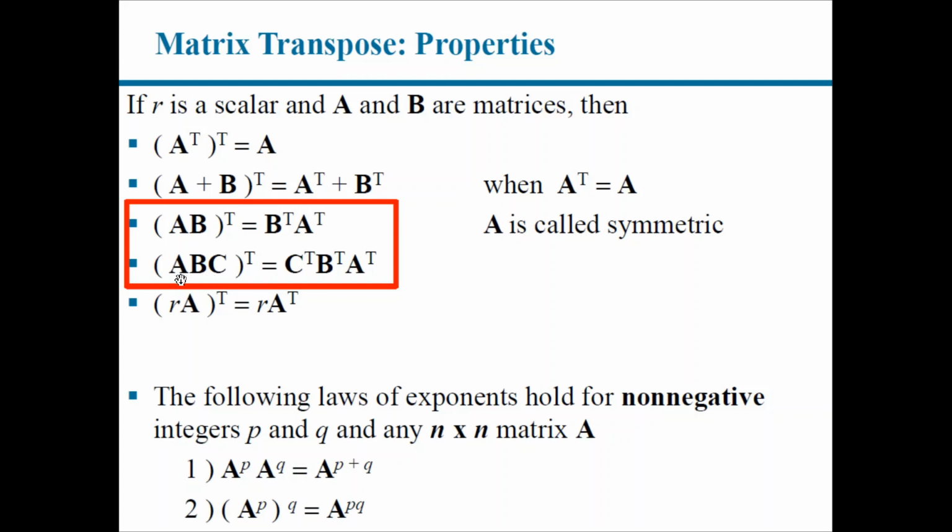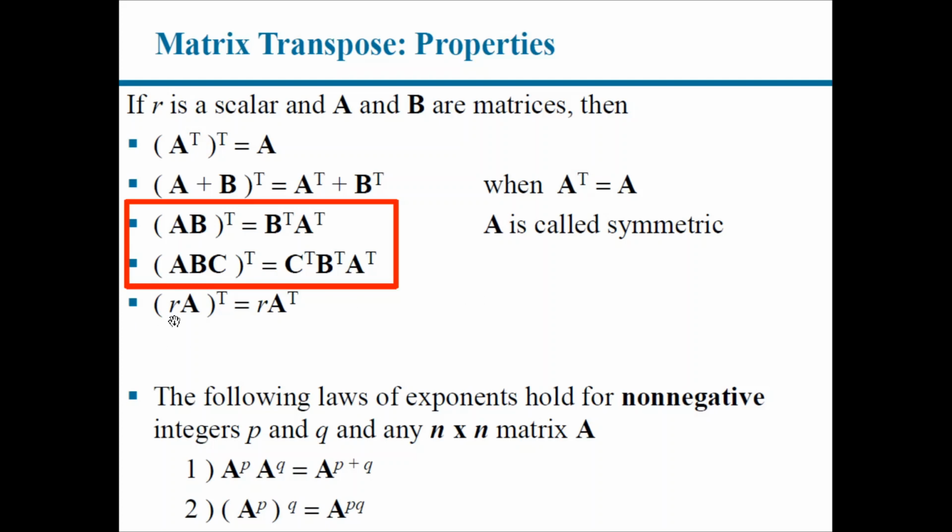Something similar happens if we have a product of three matrices, obviously with sizes that fit. So the transpose of a product of three matrices is C transpose times B transpose times A transpose. If you have four matrices, it will be similar. We reverse the order of multiplication of the transpose matrices.